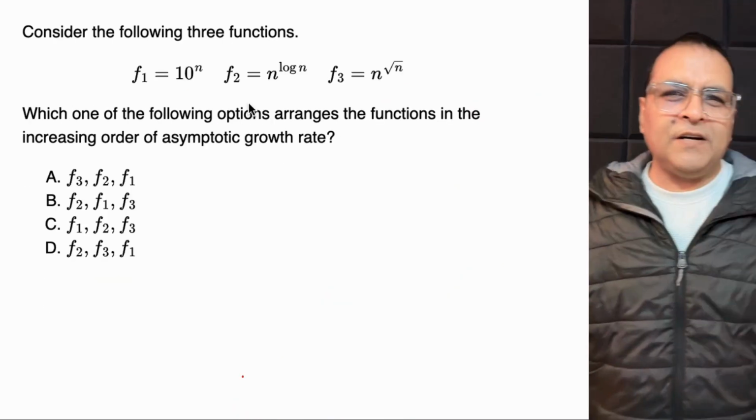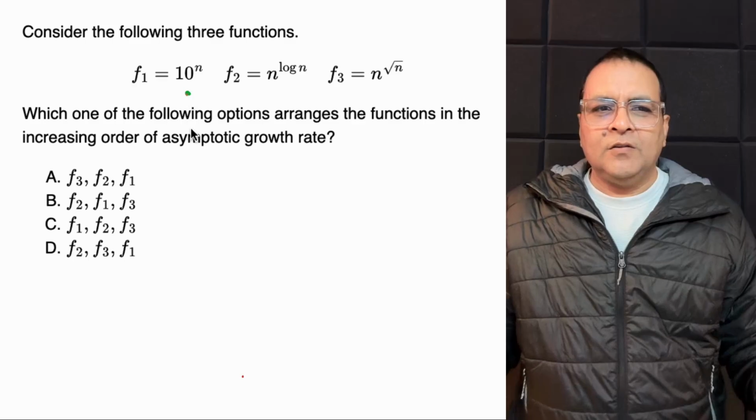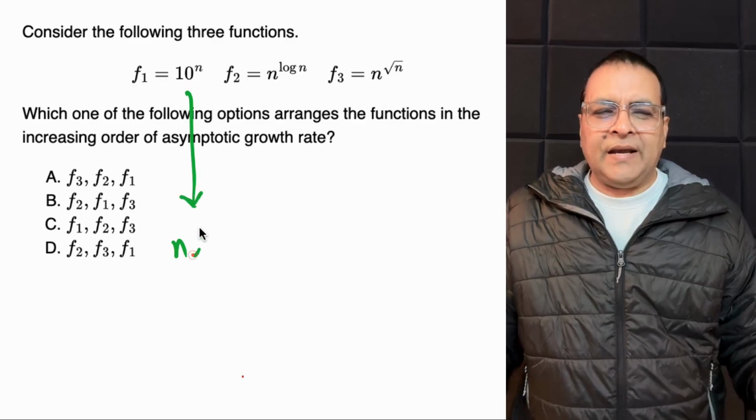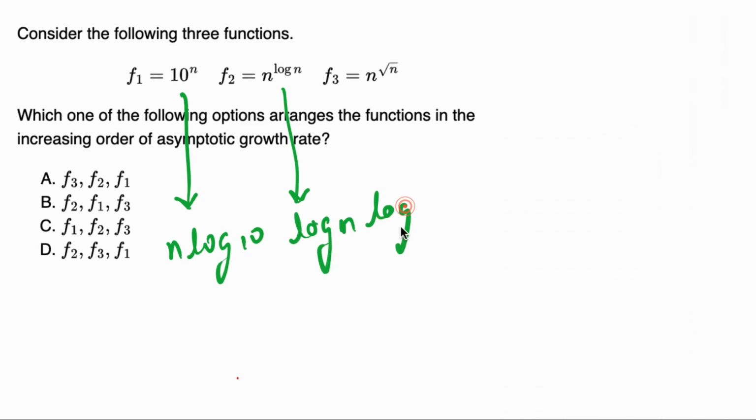Another way of comparing these functions is to find the log of all three functions. The log of the first is n log 10. The log of the second is log n into log n.